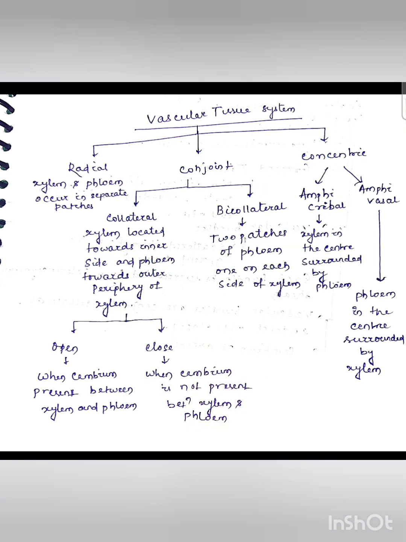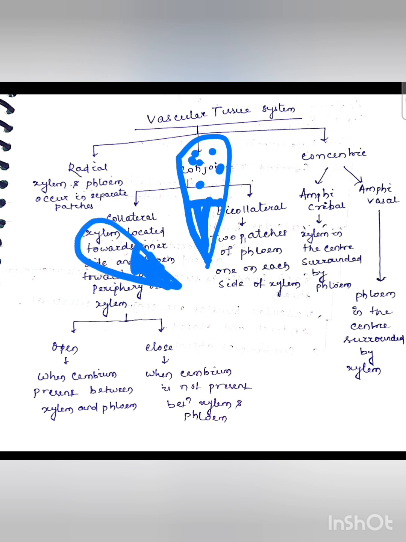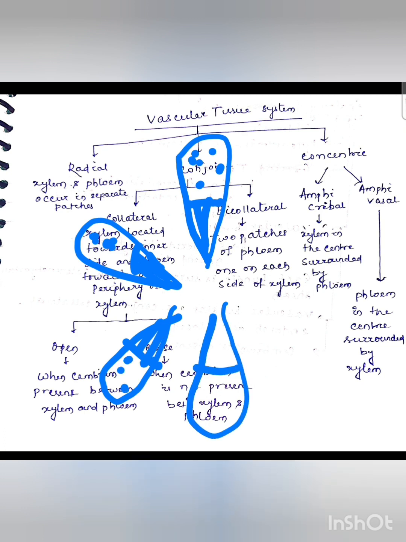In case of collateral, xylem is present towards the inner side. This is xylem and this is phloem. This type of arrangement is seen in case of your stem or shoot system.